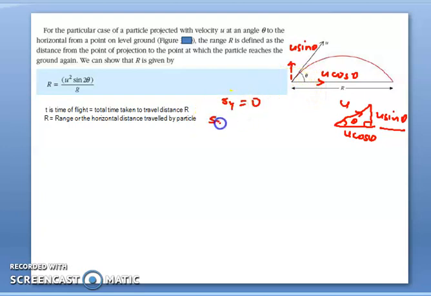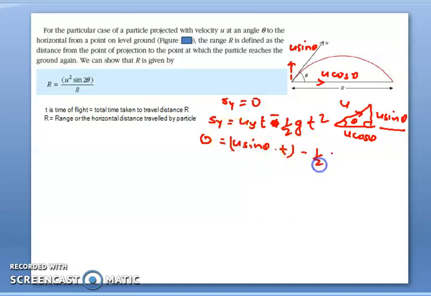If I write sy is equal to uy t plus half g t square, since sy is 0, I will take the negative sign here, because when we throw, it goes against gravity. Now sy is 0, uy is u sin theta, so 0 equals u sin theta into t minus half g t square.